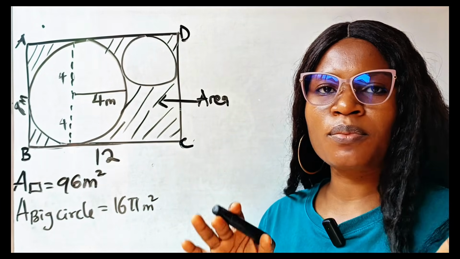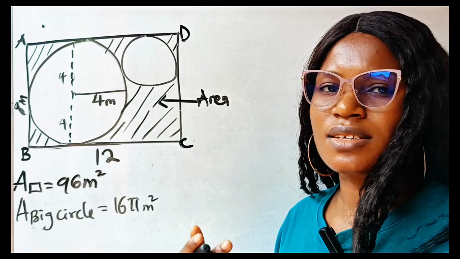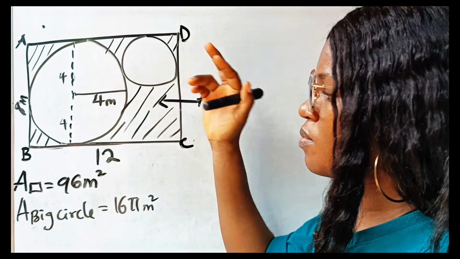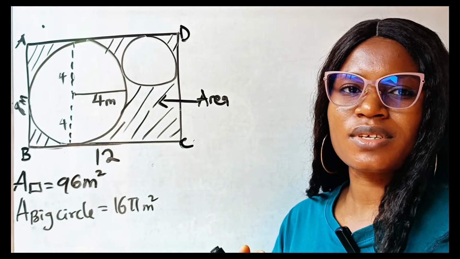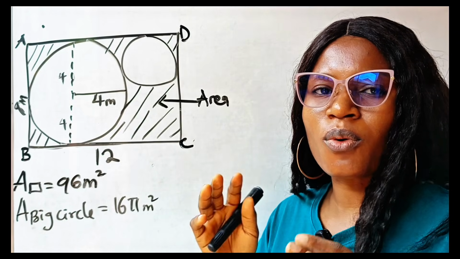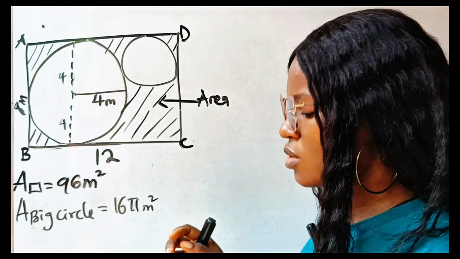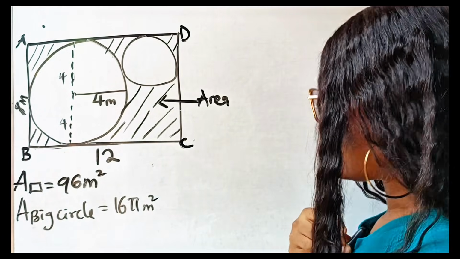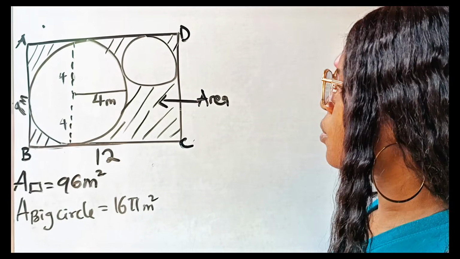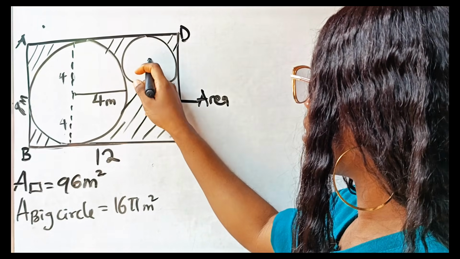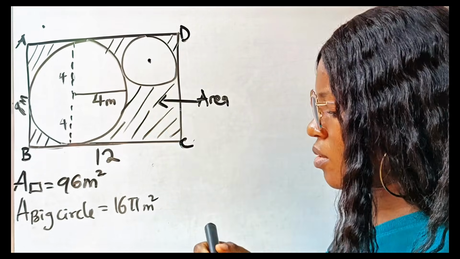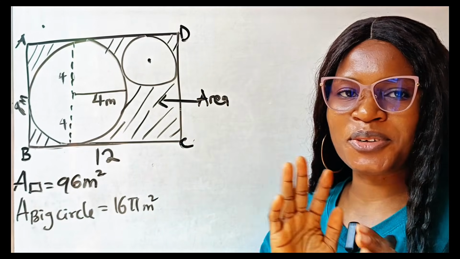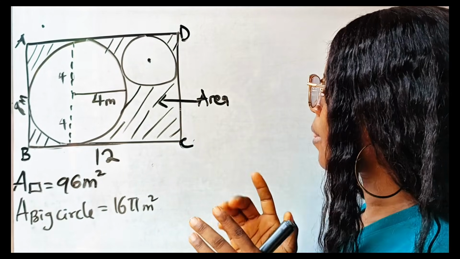Now, the main issue here is to get the area of this smaller circle. How do we go about it? That is where the whole work is. To do this, first of all, let's take this to be the center of the circle. Please notice that this is not drawn to scale at all.